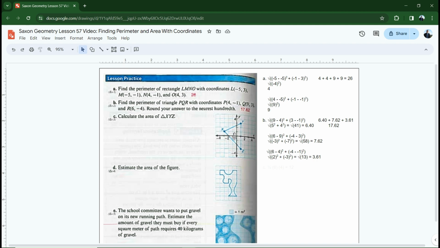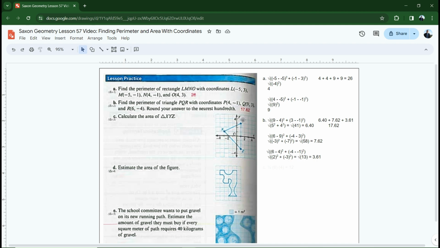Now, on this one, though, you can be smart. Are any of these lines aligned with the grid of the coordinate plane? I noticed that YZ is perfectly aligned with the grid. And does that one have an altitude that's perpendicular to it? Well, look at that. The altitude that I drop from X over to YZ is going to be perpendicular.